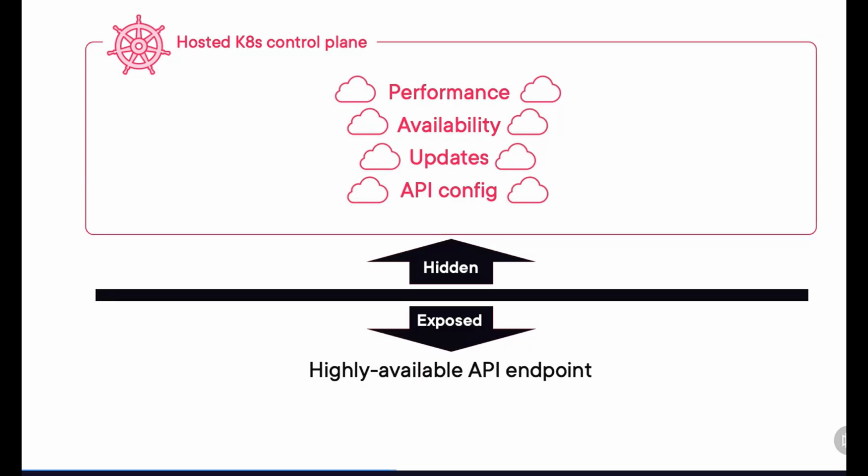But again, let me back up a second. Hosted Kubernetes. This is where your cloud provider runs Kubernetes for you as a service. So you basically get an API endpoint, but the mechanics of how everything is built and all the upgrades and the performance and the high availability and stuff, that's all handled by the cloud behind the scenes, like it's a service, yeah? However, of course, like all things in the cloud, it costs money.